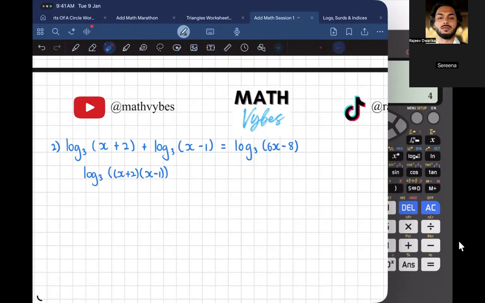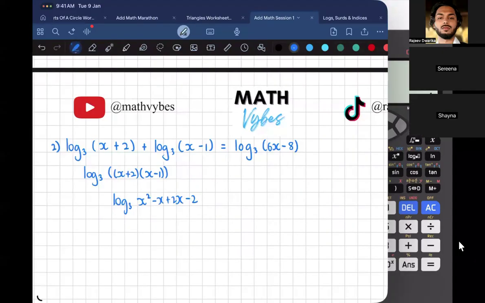If you were to expand that, you would get x squared minus x plus 2x minus 2, right? So Serena, if you do that, that's kind of wrong because it might be interpreted as log base 3 of x squared, minus x plus 2x minus 2.